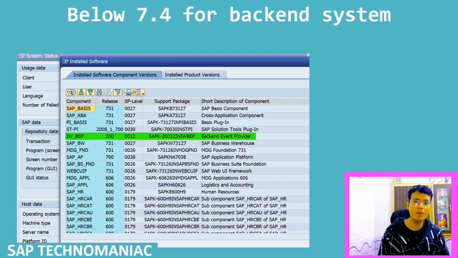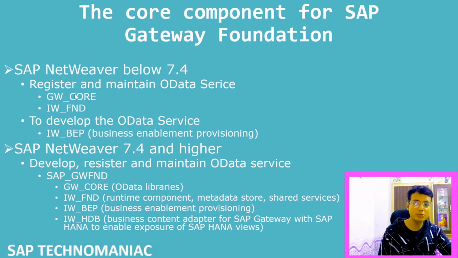Then the other two components that should be there are to maintain the OData service and expose it to the outer world. As I told you, one is GW_CORE and the second is IW_FND. These should be available there.